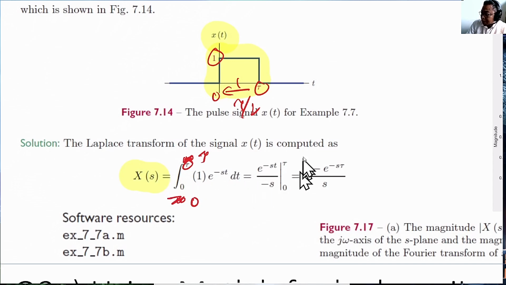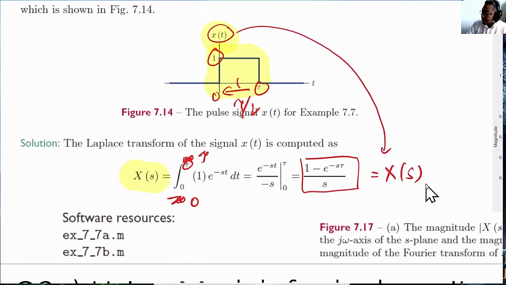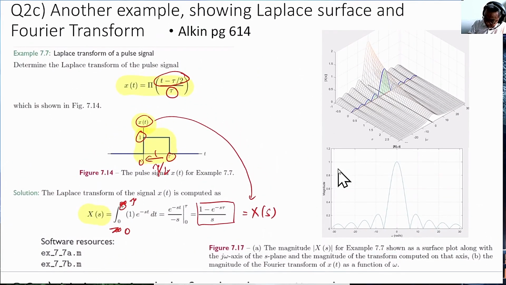We get this expression, and finally this is x of s, the Laplace transform of x of t. Now we want to plot this figure. What does this figure look like? Remember, as I've said, you just put different values of s here as well as here, and then this is the surface of x of s.